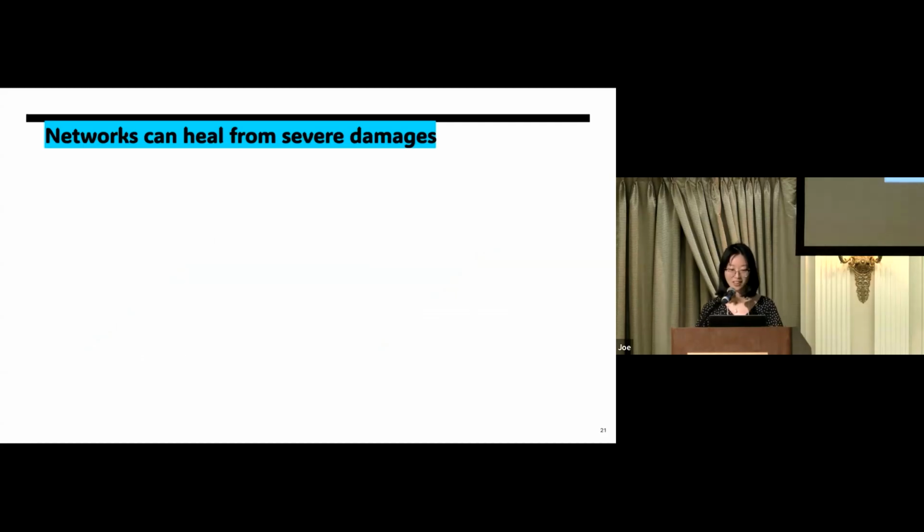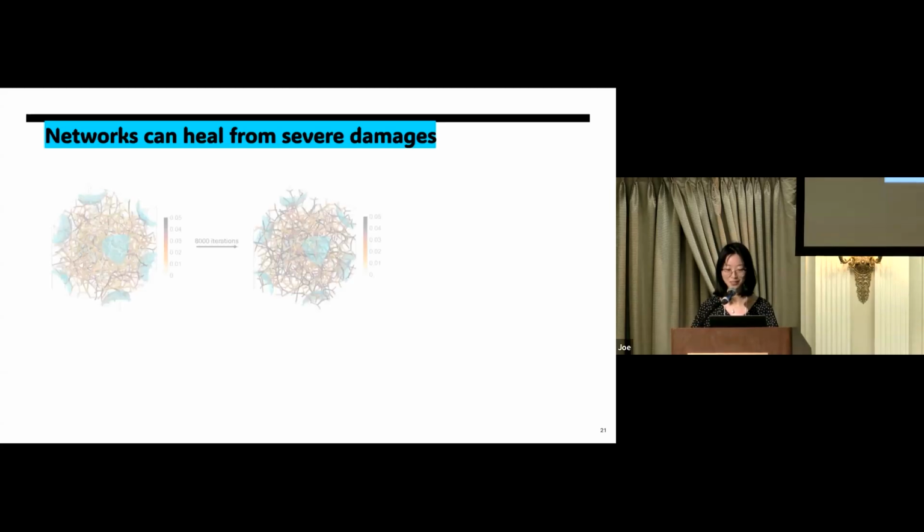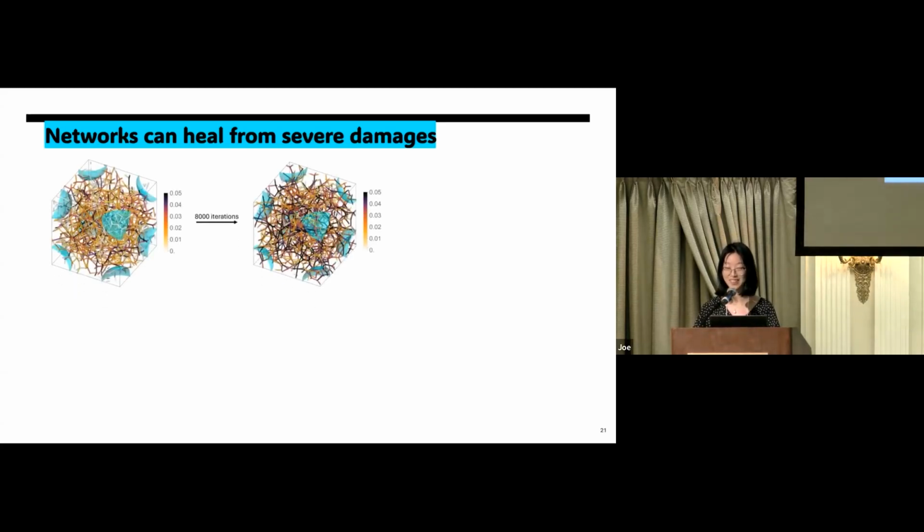Cool. And what's really cool about our brain, the neuronal network of our brain, is that it can heal from severe damage. So if a certain part of the brain has been damaged, sometimes the brain can still function properly. So we are also finding that for the elastic networks in the actin cortex.